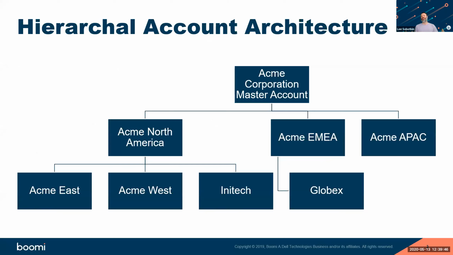So if I were just using a generic company called Acme, maybe they have a corporate master account that's doing HR integrations, maybe some back office work across the landscape. But as I mentioned before, maybe they're worldwide and they have data residency issues, and need to make sure that any data that originates in Europe stays in Europe.